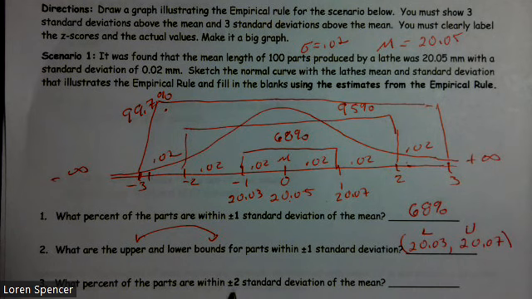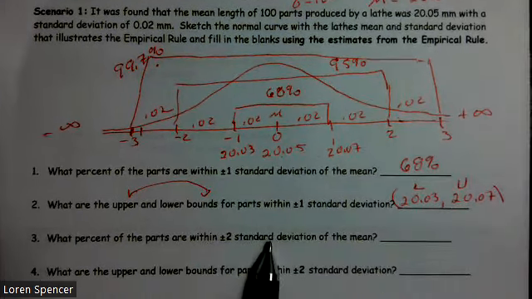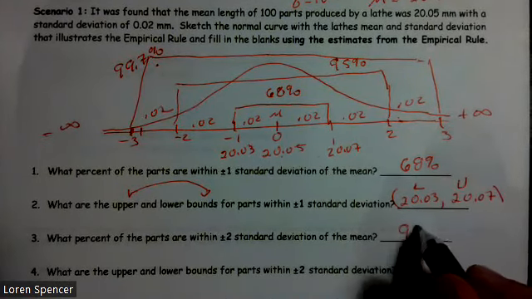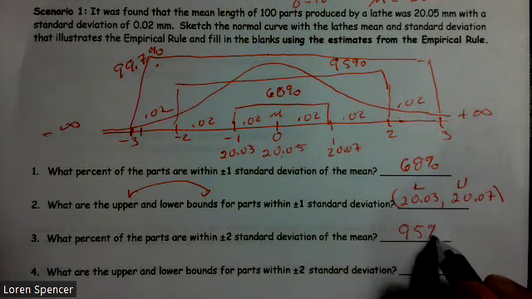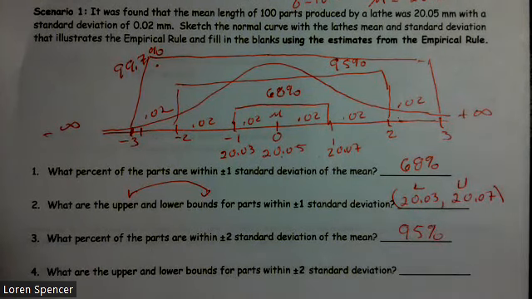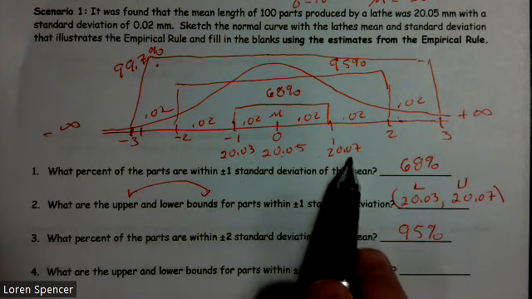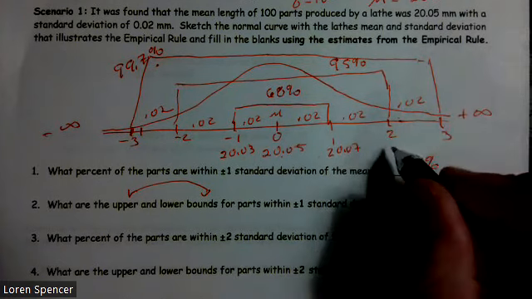What percent of the parts were within plus or minus 2 standard deviations? Well, again, we're working with a normal, and the empirical rule applies, so this will always be approximately 95%. And we need to take away 0.02. Matter of fact, I'm just going to keep doing that and do all of these at one time.